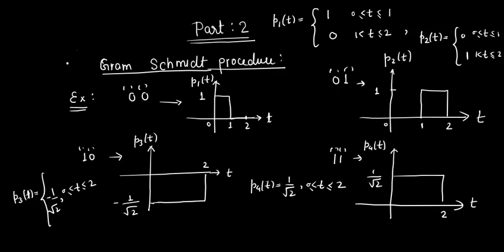So go ahead. What you have to do, your phi 1(t) will be a scaled version of P1(t), right? Yes or no? So first, your phi 1(t), your first orthonormal basis, will be a scaled version of your P1(t).